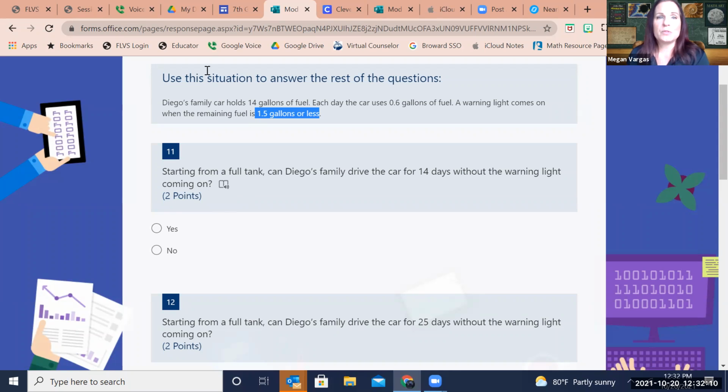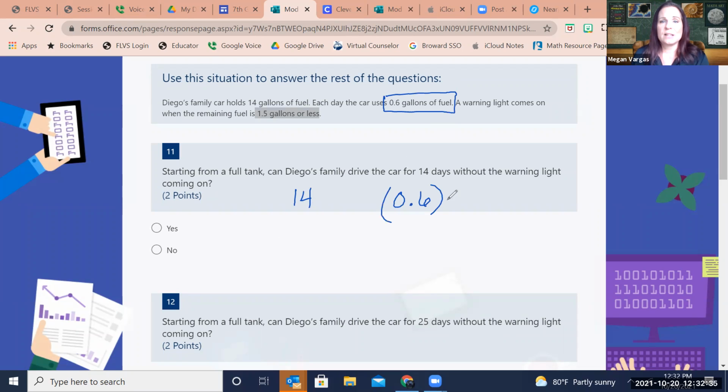So starting from a full tank, we're starting from 14 gallons. Can Diego's family drive the car for 14 days without the warning light coming on? Well, he uses this many gallons a day, right? So that many gallons a day times 14. Let's see what that equals.